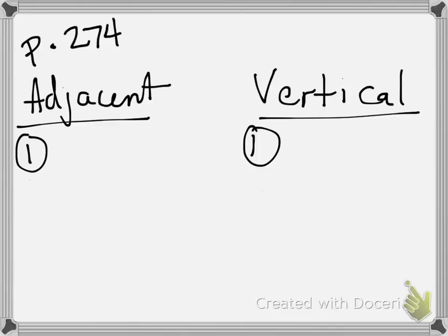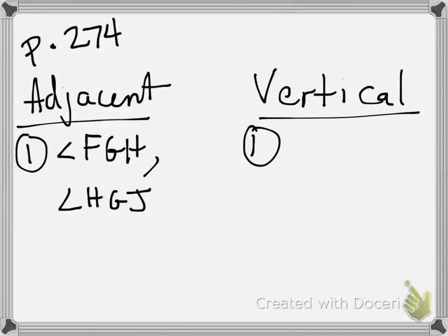So the adjacent angles in number 5, there are multiple answers on this, but let's choose angle FGH. Alright, so if we're starting with that one, there's 2 angles that could be adjacent to that. I'm going to choose angle HGJ. So those would be adjacent.